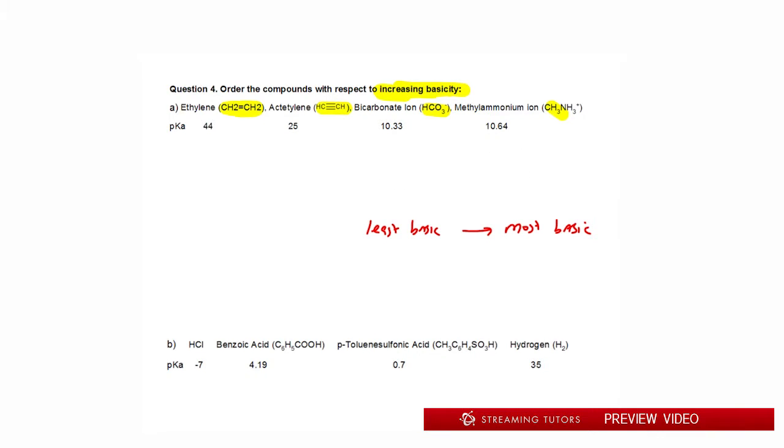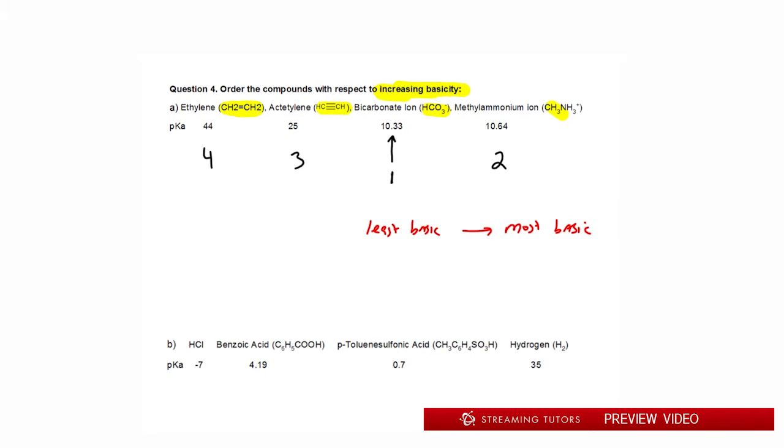So this is number 1. I'm confusing myself. I was right the first time. This number is the smallest of all of them. It's the most acidic, so this is the least basic. This is number 2. This is number 3. And this is number 4.